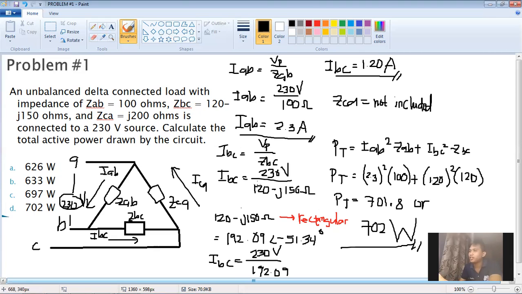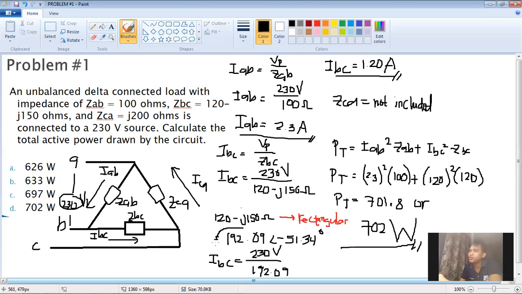Since our denominator is complex, we will transform it into polar form. 120 minus j150 ohms upon calculation is 192.09 at an angle of negative 51.34 degrees.